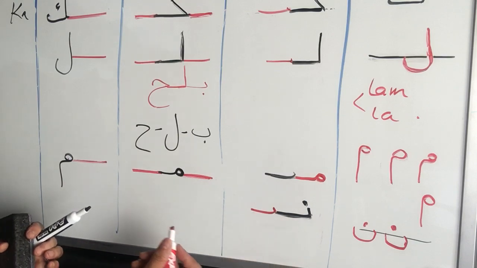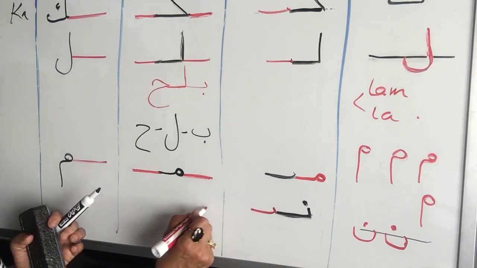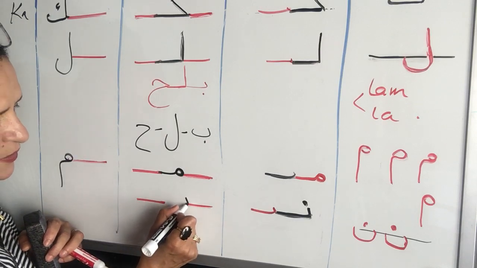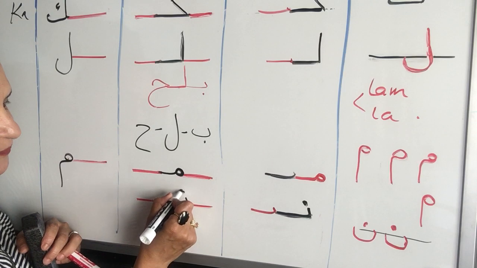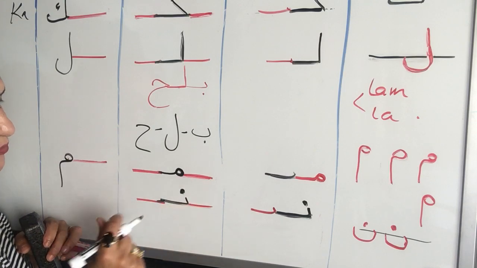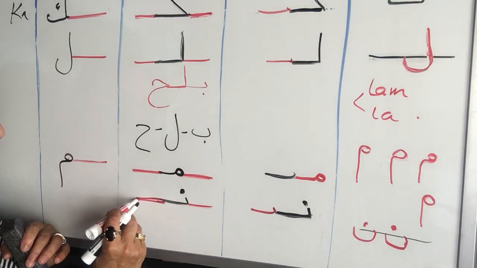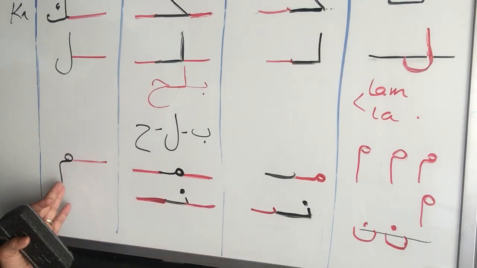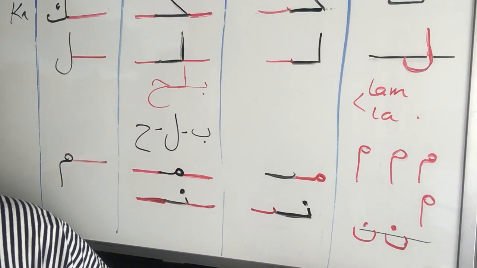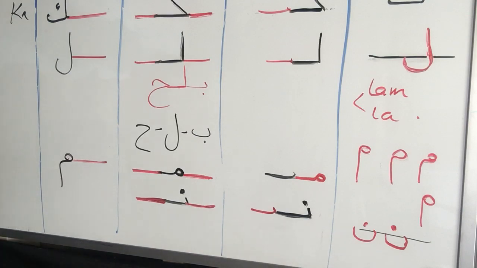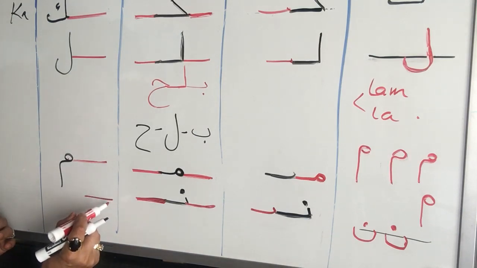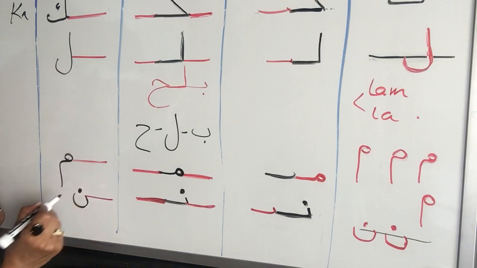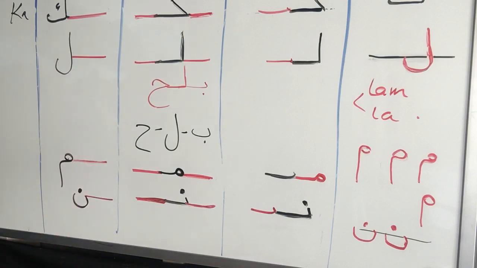Na at the beginning. Now I have to write na in the middle of a word. It's going to be like this. Na medial. Na at the end is going to take back the isolated shape. So I have any harf here, and then back to n, or nun.